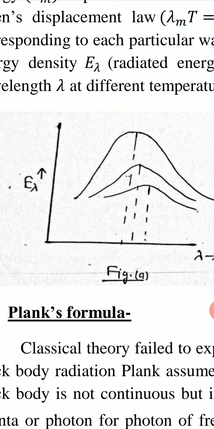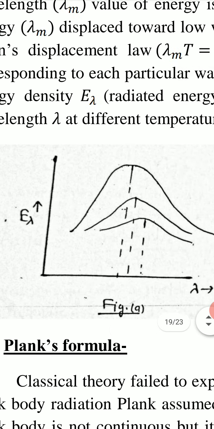So this value of lambda, which is shown by dotted lines, for which E lambda is maximum, we write as lambda m. M is for maximum. Lambda m means lambda for which E lambda is maximum.